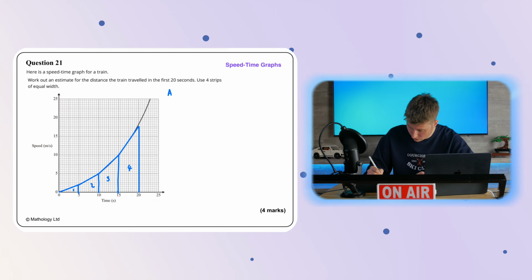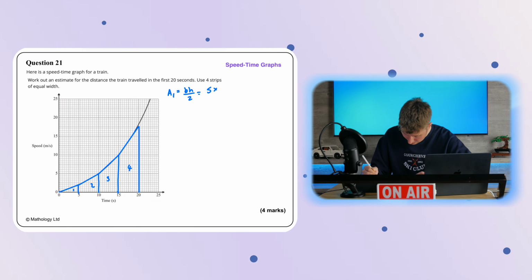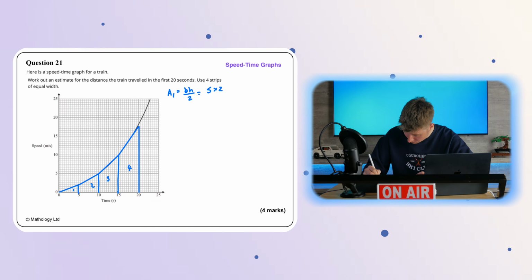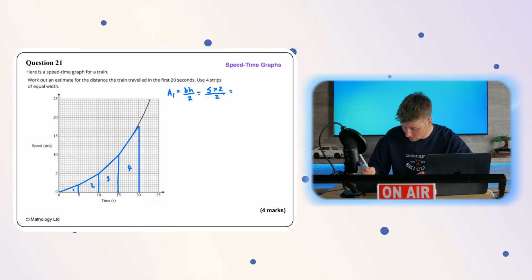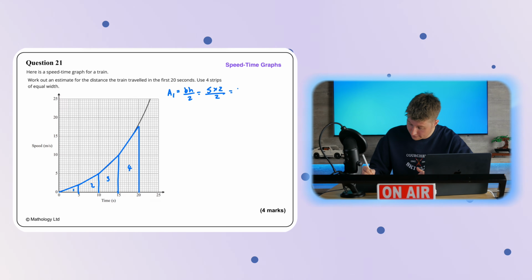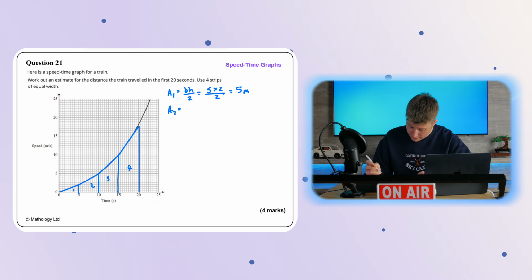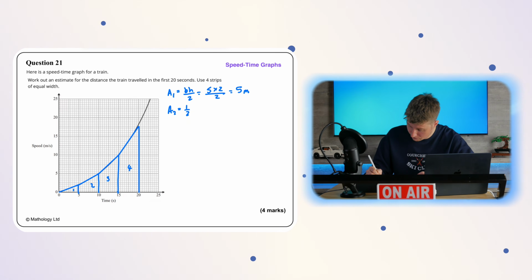Looking at the area of 1, we've got a triangle, so that's base times height divided by 2. The base is 5, the height is 0.5, 1, 1.5, 2, and then we divide this by 2, so 5 times 2 is 10, divided by 2 gives us 5, and this is in meters. The area of 2 is a trapezium, so the area of a trapezium is a half times a plus b times the height.